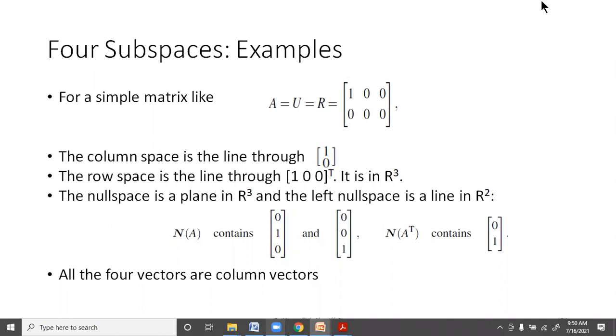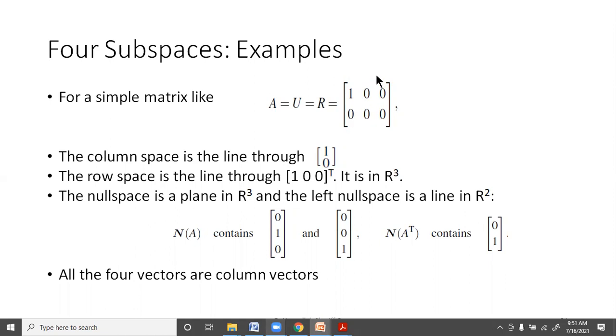We need to take the principal diagonal here, right? This is 1, so this will be the pivot variable and the pivot column. Now, this is definitely a free column, because this value is 0. Further, we come to this over here.